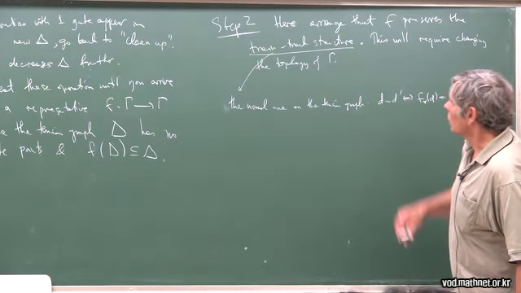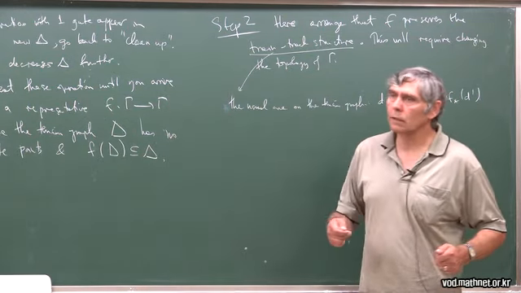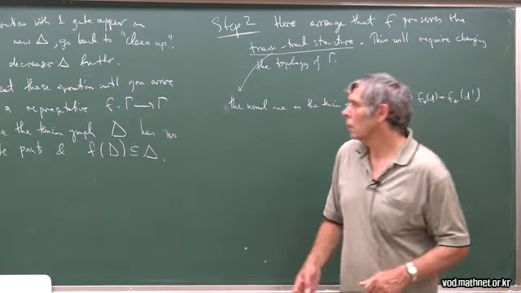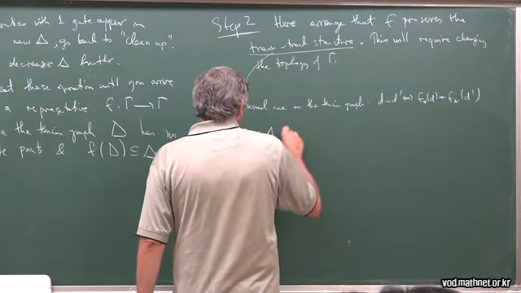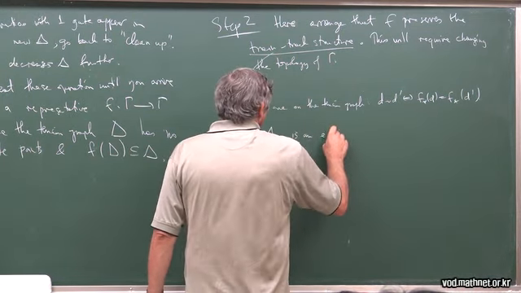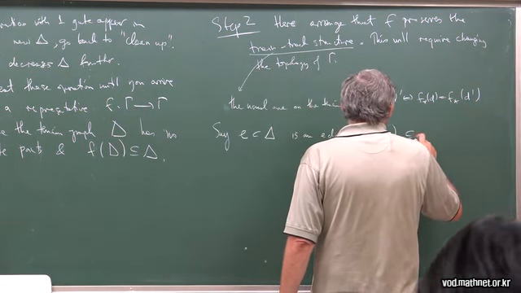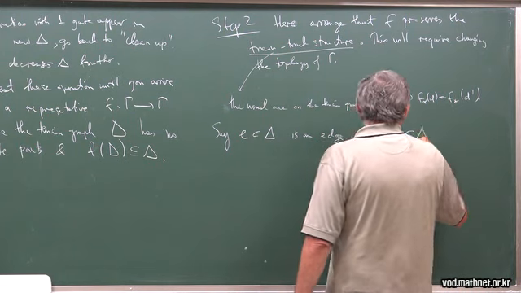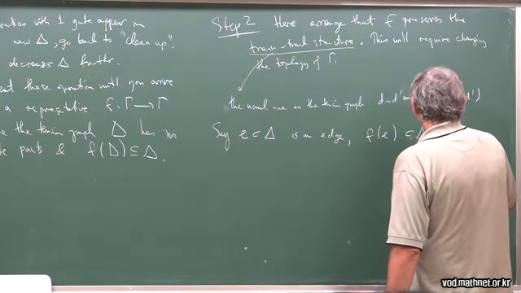Okay, so what can go wrong? For example, I could have an edge and its image is not legal. Say E in delta is an edge, and f of E, which is also in delta, is some path in delta, but it may not be legal.